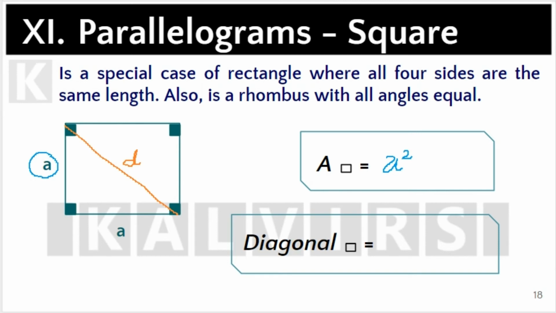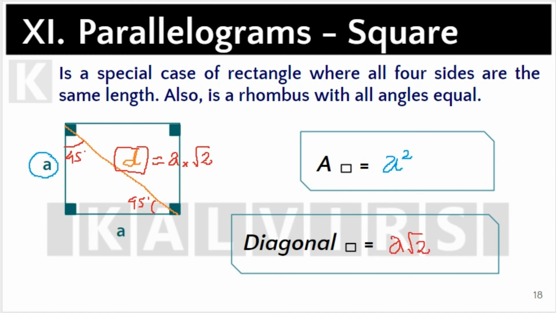And these triangles are both a right special triangle of 45 and 45. So, according to the proportion of a 45 and 45 right special triangle, the measure of D is A times the square root of 2.